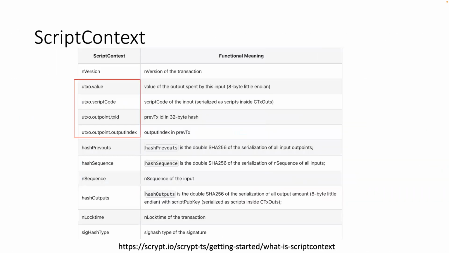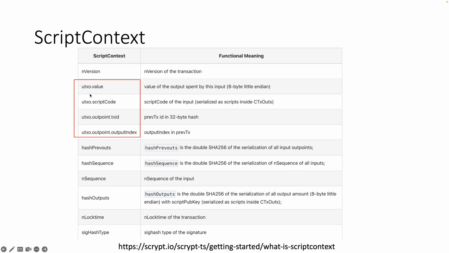What does this look like? This is the exact spec, the structure for ScriptContext. You can see there are 2 types of fields. The first one, as I called it earlier, is information about the UTXO the smart contract code is in.